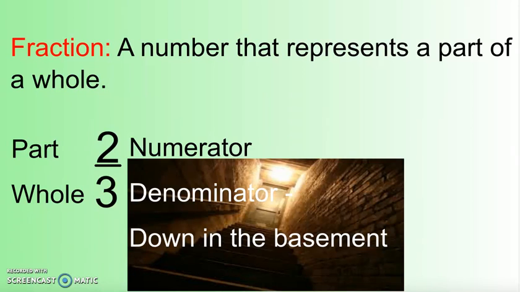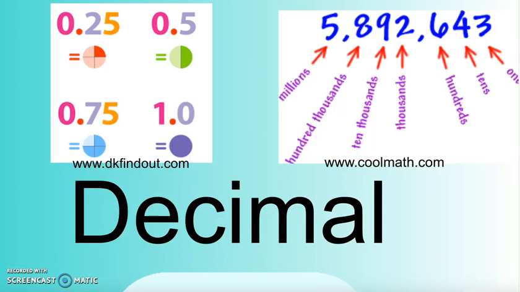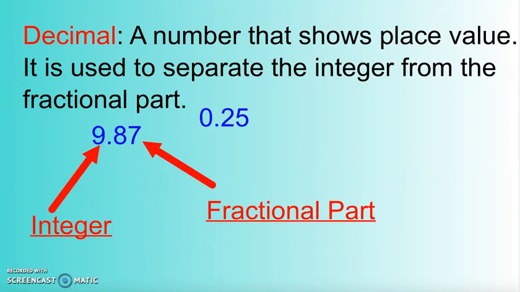And so that is our next word. Here are some examples of decimals. And can you recall what the definition is of a decimal? Correct. A decimal is a number that shows place value, and it is separated by a decimal point, and there is an integer part and then there's a fractional part.